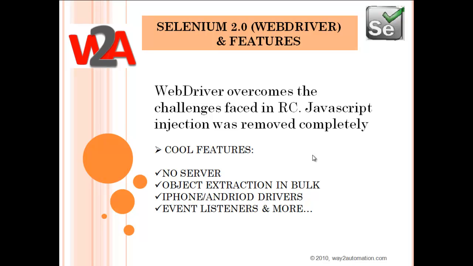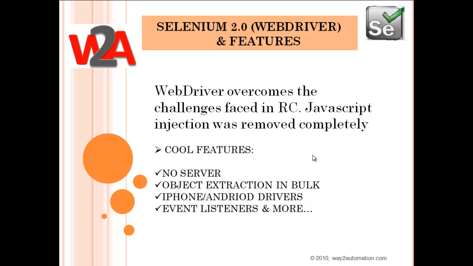Right. So WebDriver comes with a very huge API. There are so many classes and interfaces available in WebDriver. So in case you are working on WebDriver, your OOPS concepts should be very strong. Otherwise, you won't be able to work on WebDriver. It has also provided support for iPhone and Android.